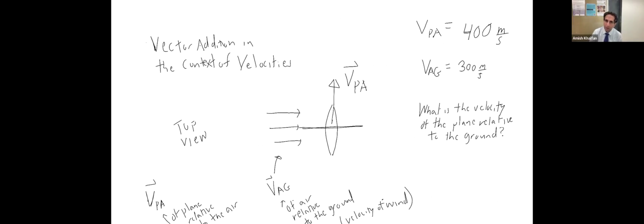So the plane is moving relative to the air, but the air itself is moving relative to the ground. Ergo, there must be a velocity that the plane exhibits relative to the ground. And it seems intuitive to say that the velocity of the plane relative to the ground, what we're seeking to determine, this is our resultant velocity. That velocity of the plane relative to the ground is the velocity first of the plane relative to the surrounding air.